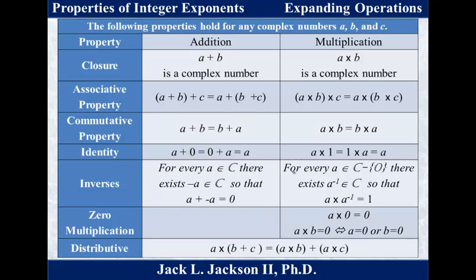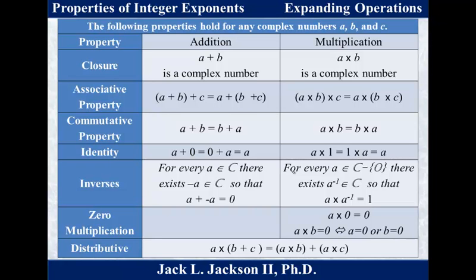If you multiply any number times 0, you get 0. And in fact, if you multiply two numbers together and get 0, one of them has to be 0. That's a very useful property in solving some equations. And finally, we have the distributive property, which combines multiplication and addition: a times (b plus c) equals a times b plus a times c.